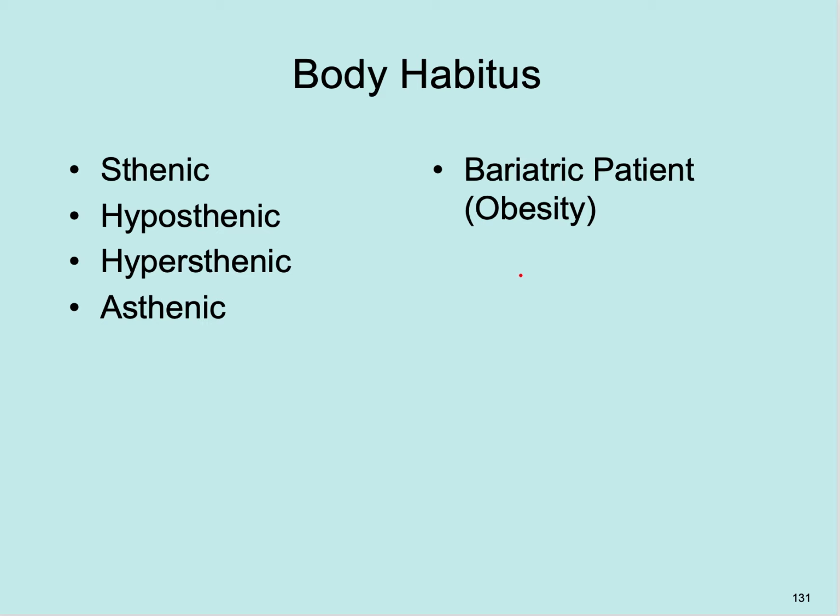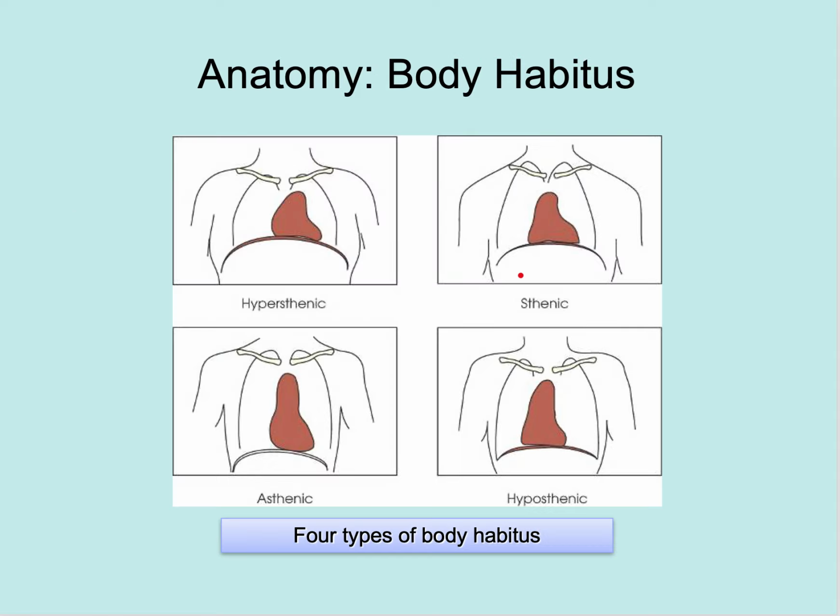You will encounter many bariatric patients in your clinical settings, and so understanding their body habitus is going to be very important. So the 4 types of body habituses that were recognized before the obesity: the hypersthenic, the sthenic, asthenic, and then hyposthenic. So make sure that you pay attention to those body habituses. You understand the 4 body habituses and what's going on with the anatomy.